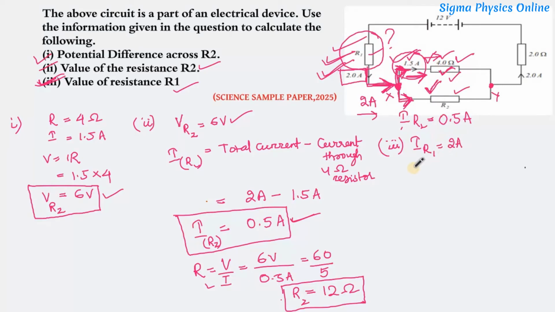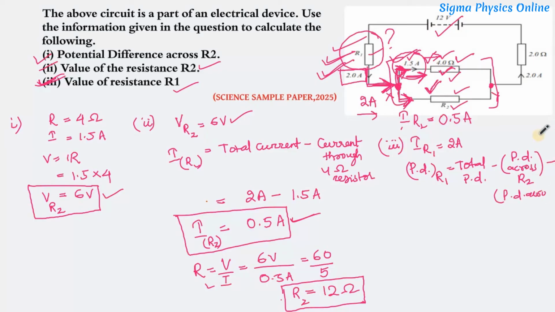Now let's find out the potential difference. The potential difference across R1 will be the total potential difference, that is the potential difference given over here, minus the potential difference across this part, the part X and Y, that is, the potential difference across R2, minus the potential difference across the 2 ohm resistor.